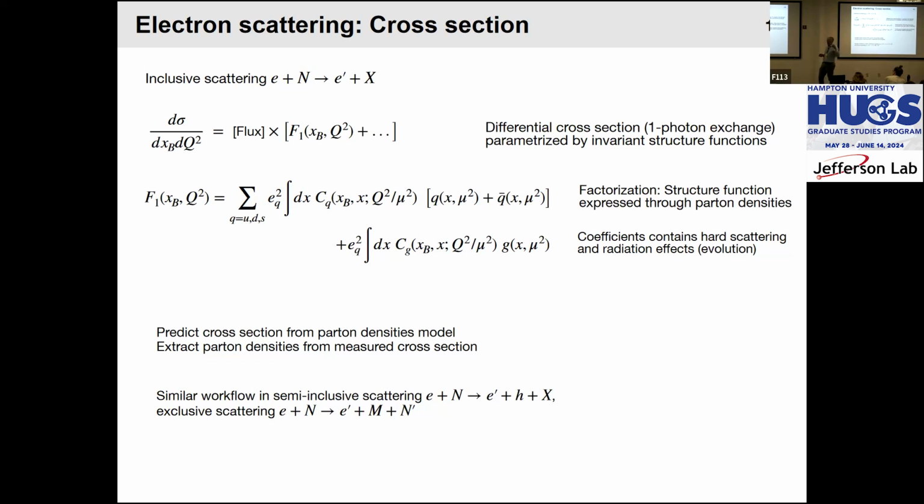But we know that whatever is not included in this wave function will be added up by radiation. But the total effect of this radiation is such that the cross section does not depend on the scale.